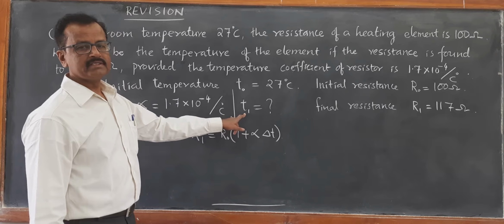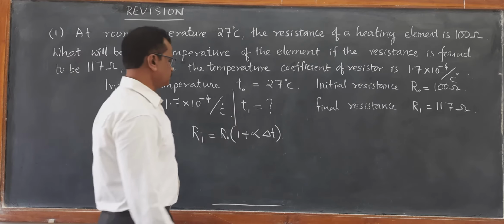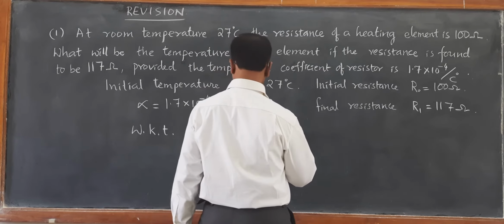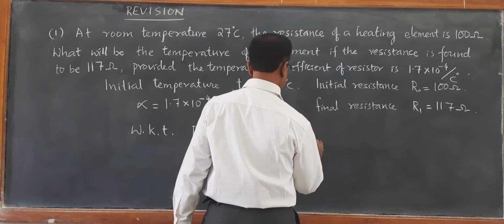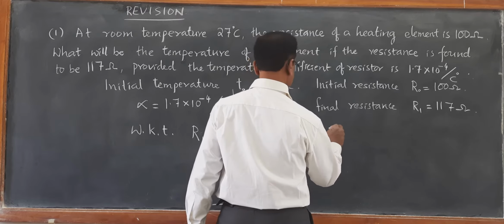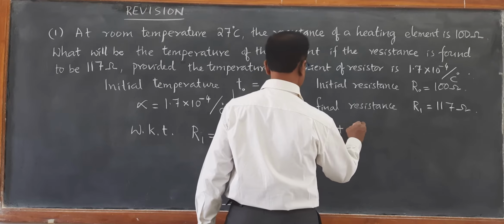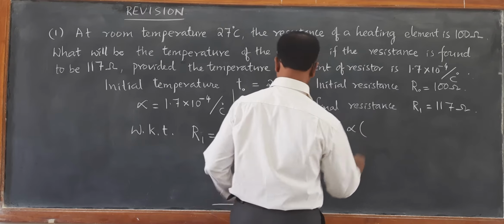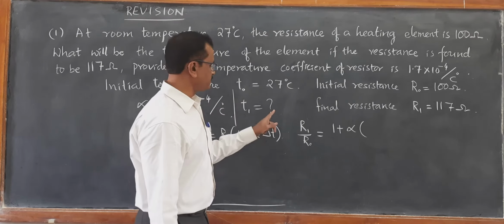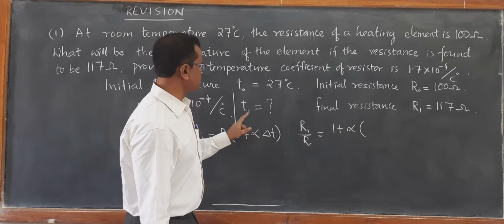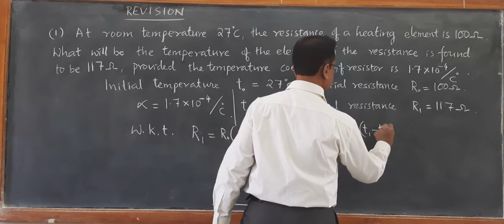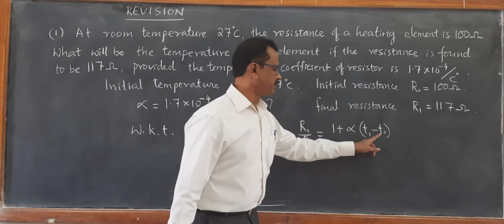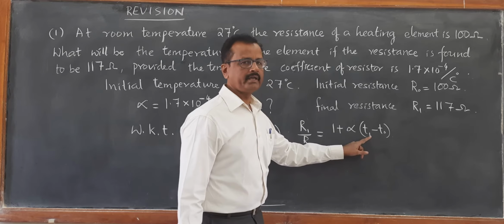You are asked to find out what is that final temperature, right? So this can be written as R1 by R naught is equal to 1 plus alpha into delta T. In this case it is T1 minus T naught. T naught is given, you are asked to find out T1, that's it.